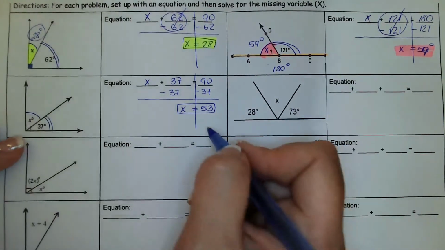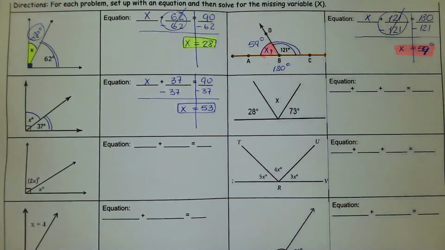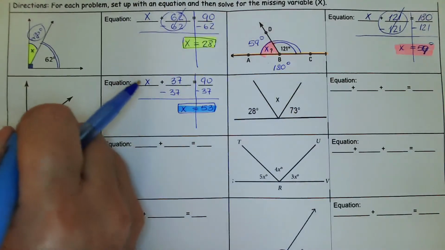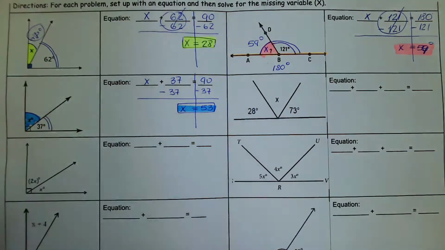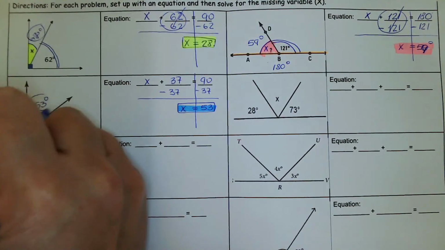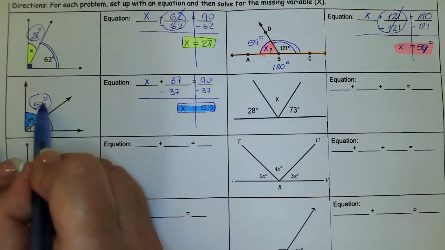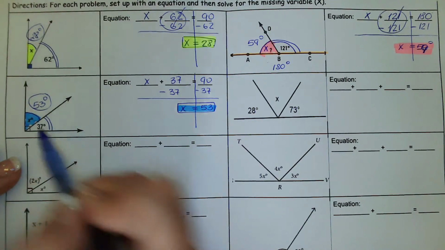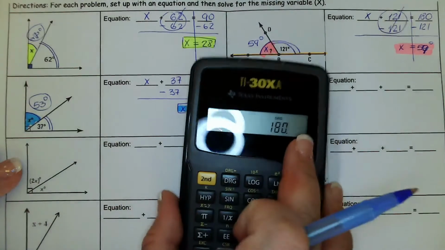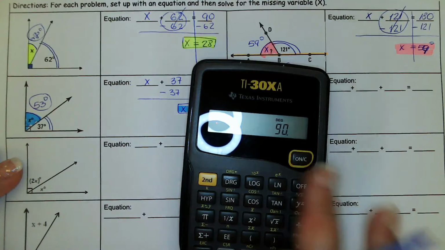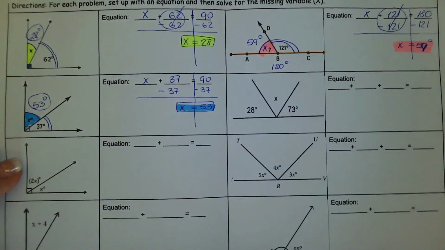Once you substitute 53 instead of x, the angle 53 and the angle 37 together add up to 90 degrees. Complementary relationship.